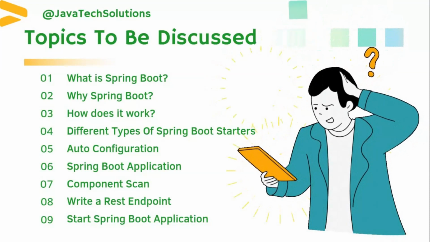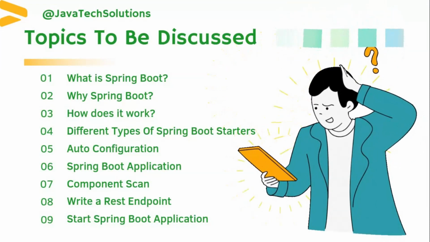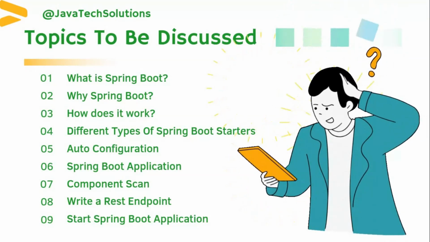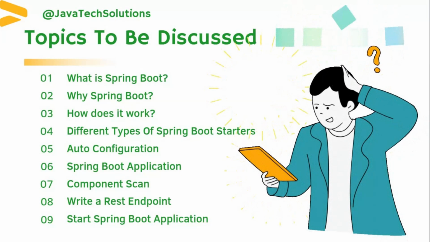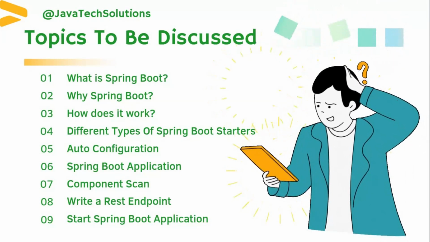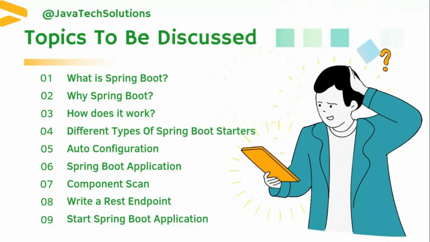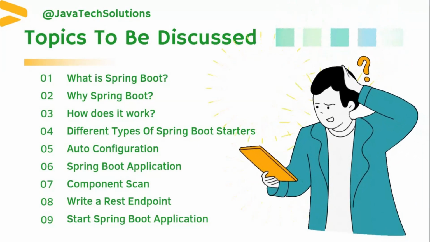It's more or less an annotation-based Spring application. Dependencies are easy to manage in a Spring Boot application. It also includes an embedded Tomcat server, so we don't need any external server to run the application. Okay. Next we'll talk about how this actually works.